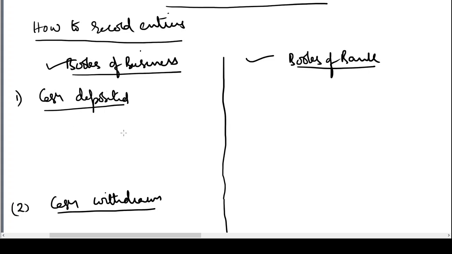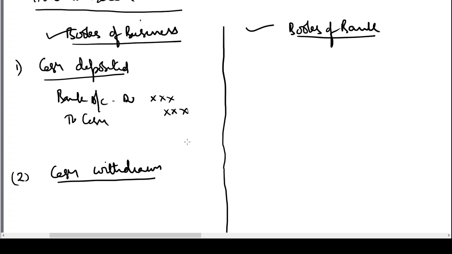Cash deposited. What is the entry we pass in our books when we deposit cash? The entry is bank account debit to cash account. This is the entry we pass. Now the question arises, on which date we pass this entry. This entry is recorded on the date of deposit.